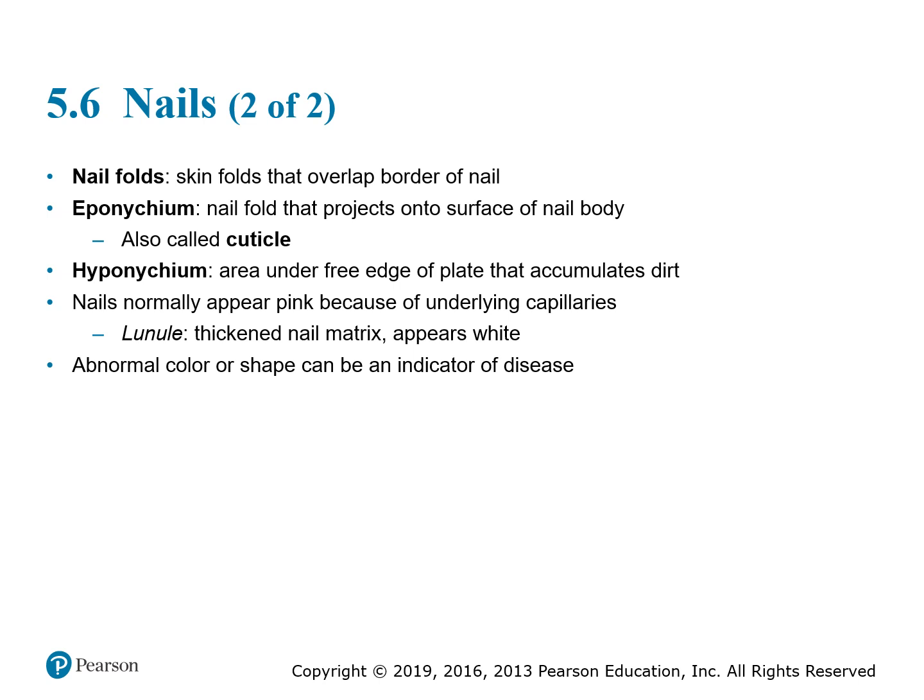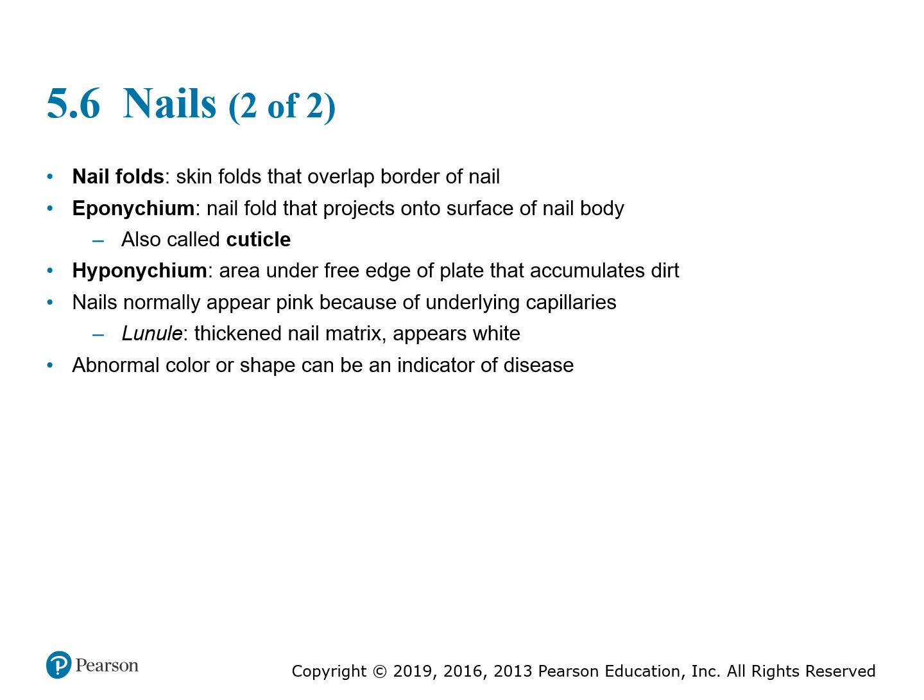So your nails appear pink because you can actually see the pink color coming from the hemoglobin of the blood cells in the capillaries. The white portion, that half moon, is the lunule, and this is the thickened nail matrix, and it's going to look white. But this is where the cells are actively dividing.